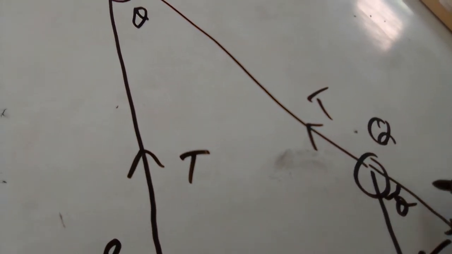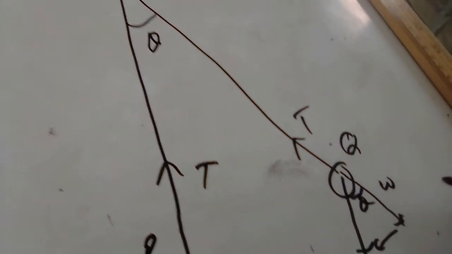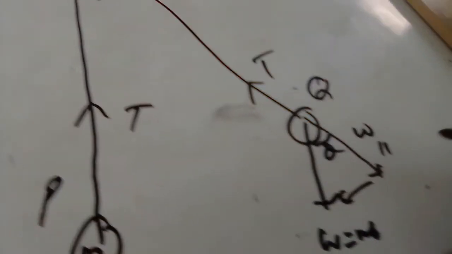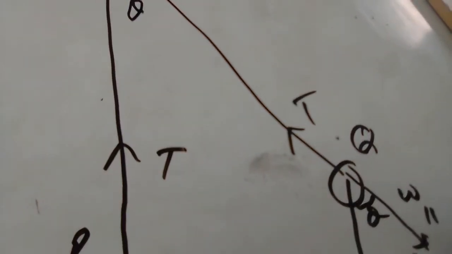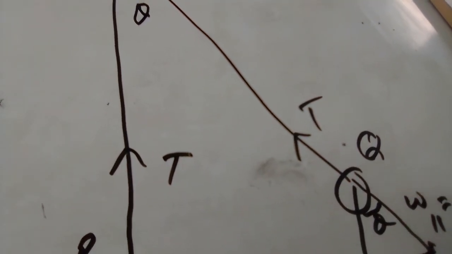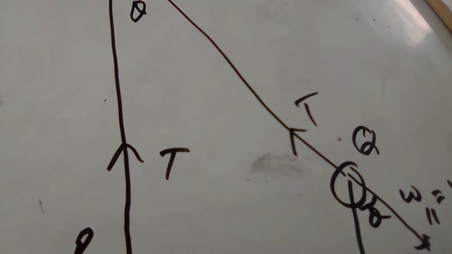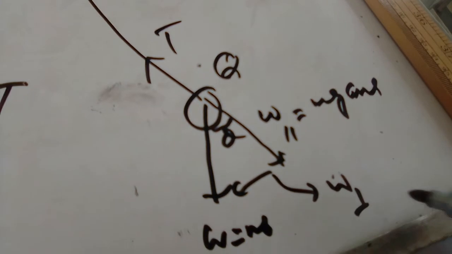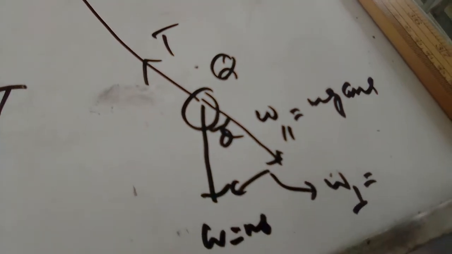Let's say this component, W parallel to the tension, is equal to mg cos theta, and this component, W perpendicular, is equal to mg sin theta.